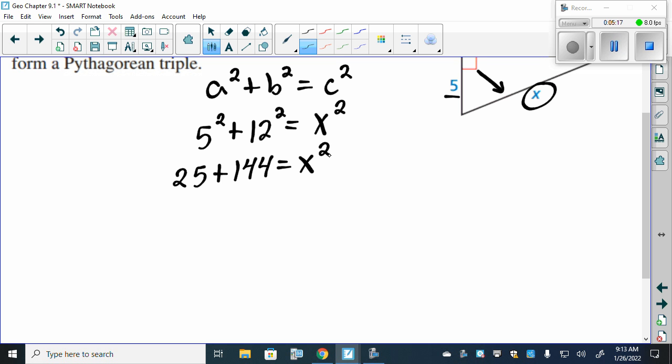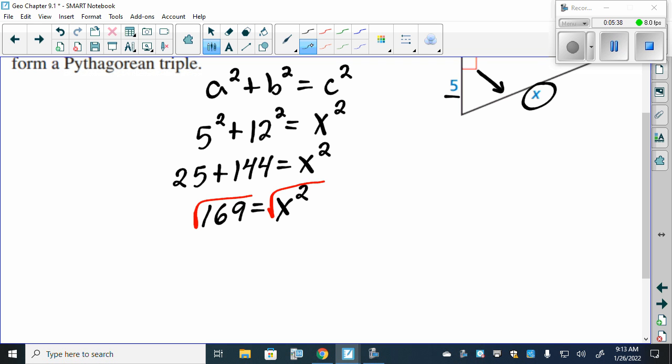x squared. 25 plus 144 is 169. And last but not least, we would take the square root.